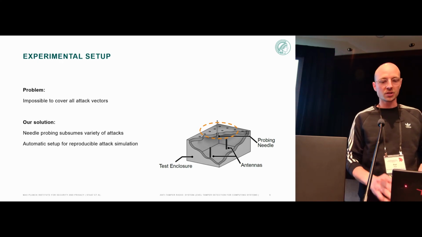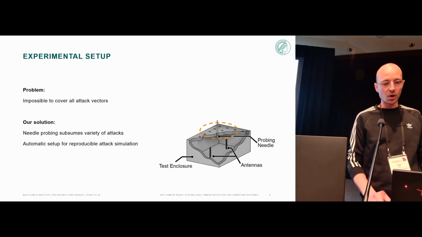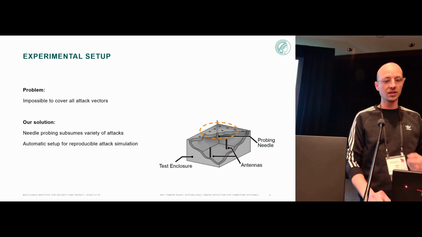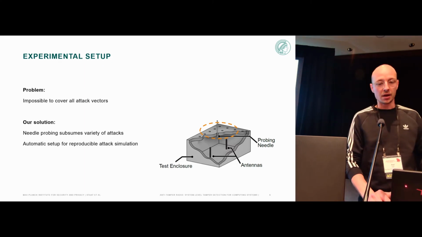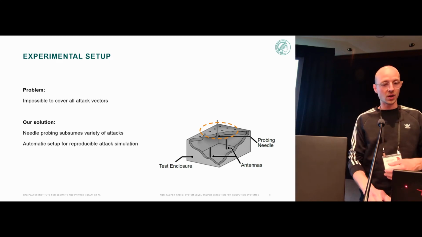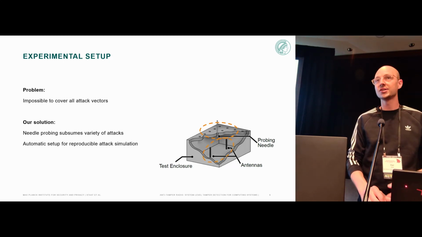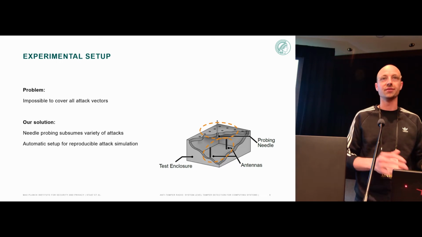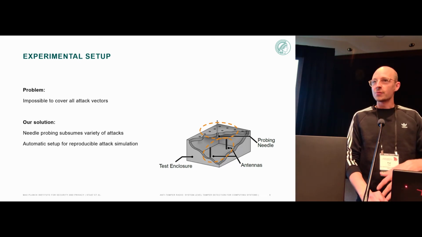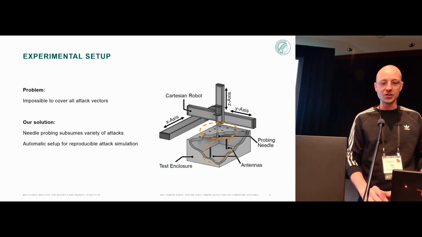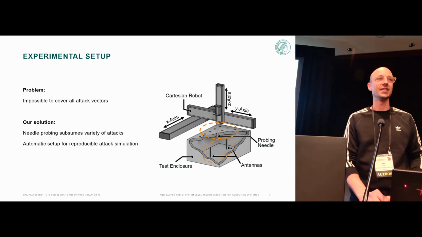We prepared test enclosures where we drilled small holes into their lids, and in these holes we can insert the probing needles. Further, we added two antennas in the environment to measure the radio propagation behavior. Because we did not want to do all of the tampering by hand, we used a Cartesian robot to position the needles in a repeatable manner for us.